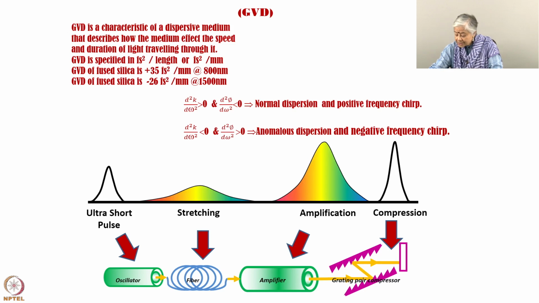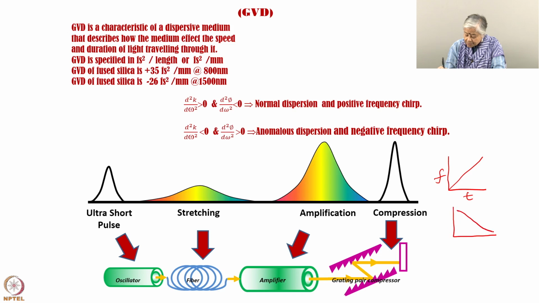What I had shown before, remember the chirp was like this, this was the frequency, and this is time. So, it was a nice linear chirp. The compressor, what it does is, it just makes it opposite. So, this is a frequency and this is a time delay, delta t.